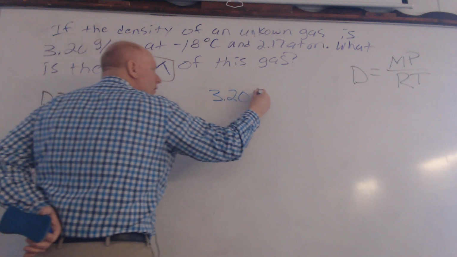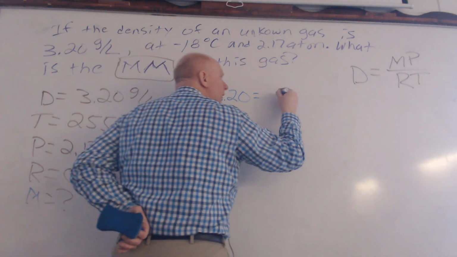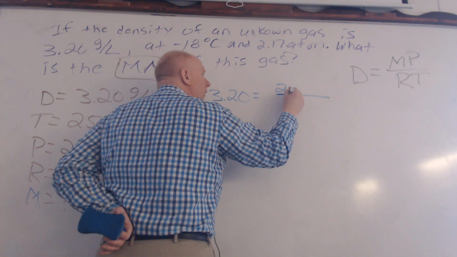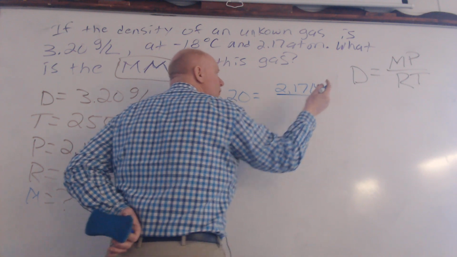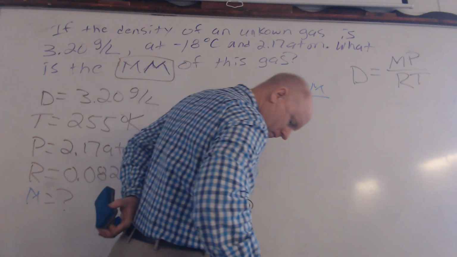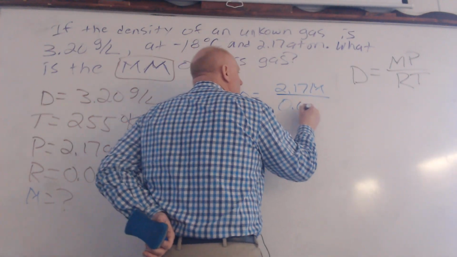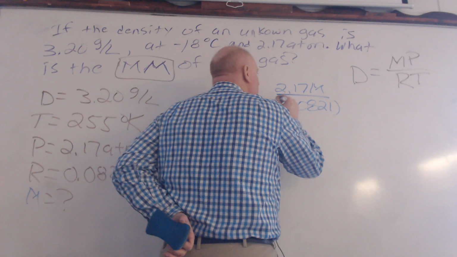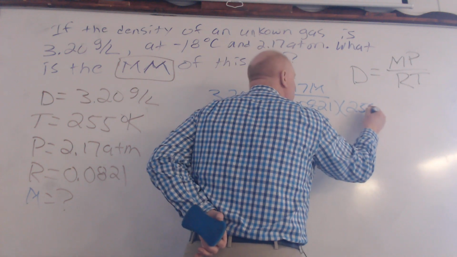Okay, equals what goes on top: 3.2 times x. X, Y, M, any one of those. That's fine. Over 0.0821. Okay?